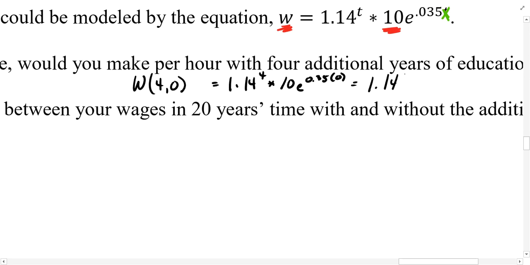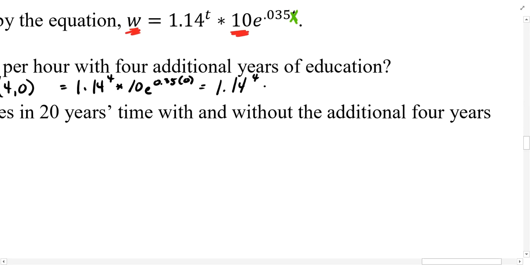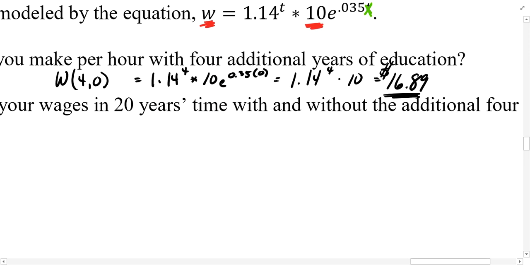And 1.14 to the 4th power would multiply by 10, because e to the 0.35 times 0 is e to the power of 0. e to the power of 0 is 1, and 10 times 1 is 10. And this result, when using a calculator, comes out to be 16.89. So without the 4 years of education, say a college degree, you'd be making $10 an hour. But with a college degree, with the 4 years of education, you're making about $16 per hour.